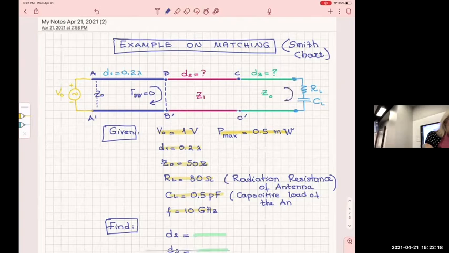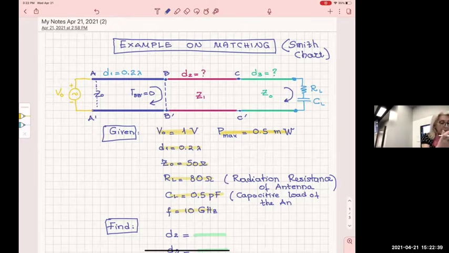That I know. I don't have to do much work. Z naught is 50 ohms. The other is different. So obviously there is a non-zero reflection coefficient, which means I cannot do much. It's all set. Here now with Z1 and D2, I don't know what they are.